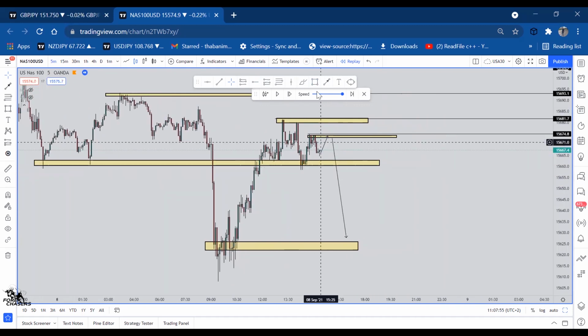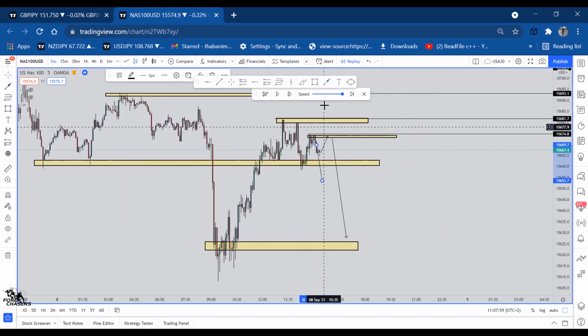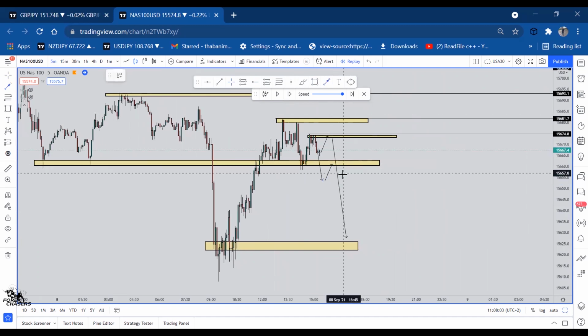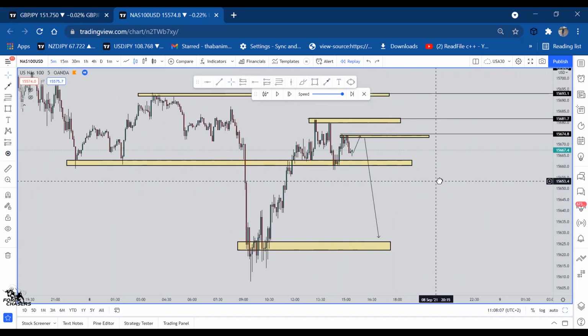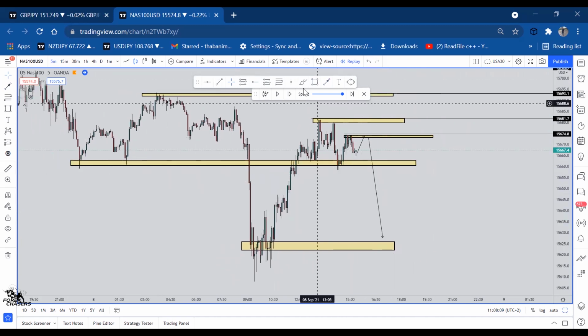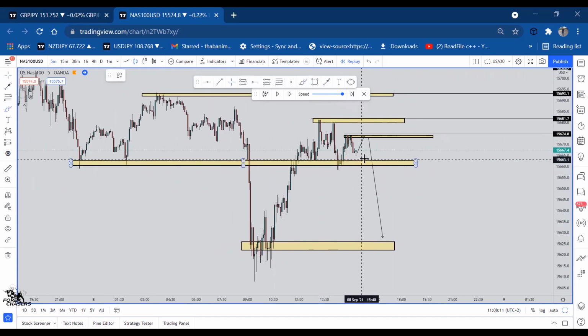If we do break, I know NASDAQ is not going to come back for a retest and then continue to the downside. That is the less probable setup, because when it's past 3, the momentum is too high, and you can just find a break and continuation to the downside like that.